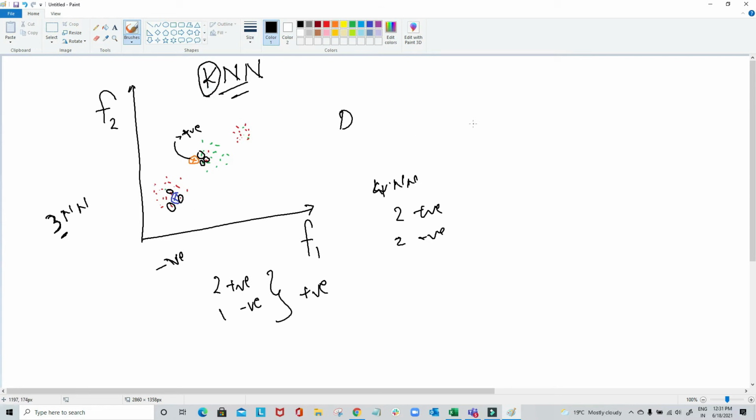Now, when I say nearest points, that's essentially measuring the distance. How can the distances be measured? Imagine I have the same two features f1 and f2, and I have the data points x1, x2.